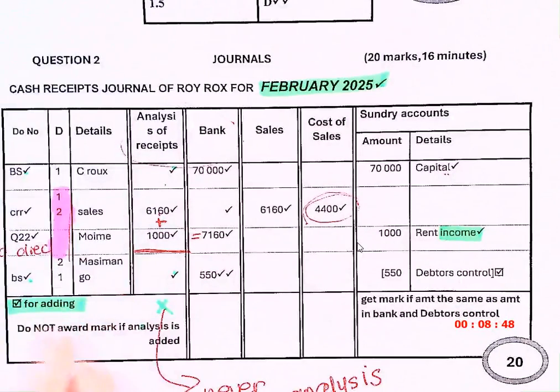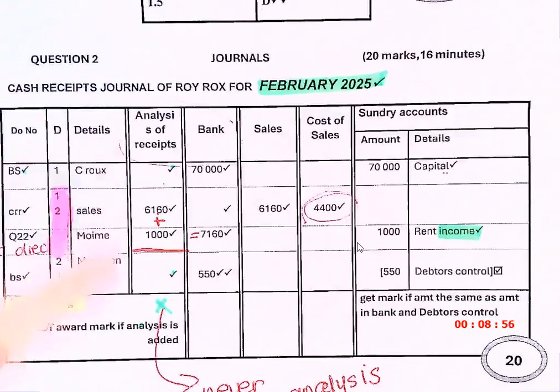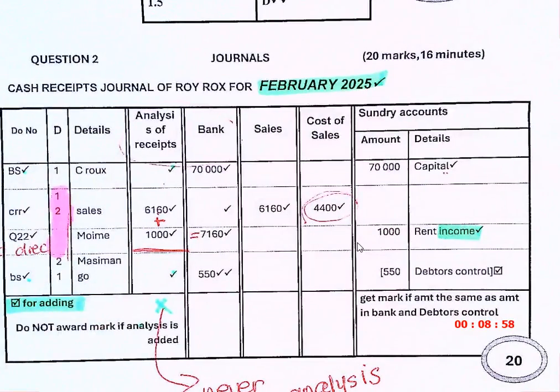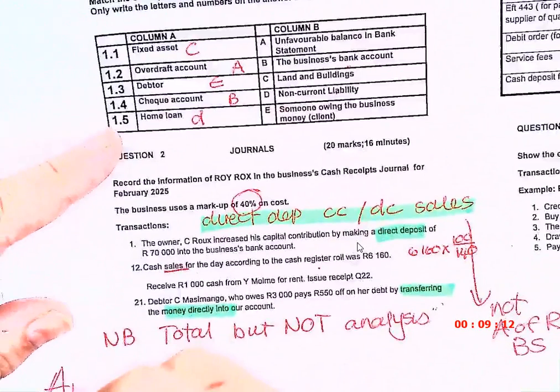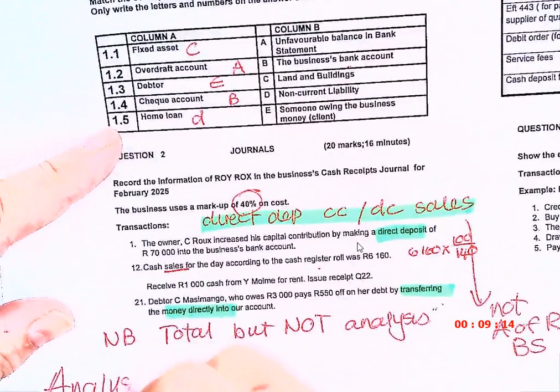Analysis of receipts is your cash register. You only use analysis of receipts if you physically get the money. Someone gave you 100 rand, you put it in the cash register. So you physically touch it. The keywords for analysis, write it down somewhere: when do I use analysis?